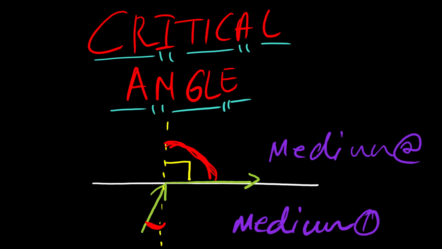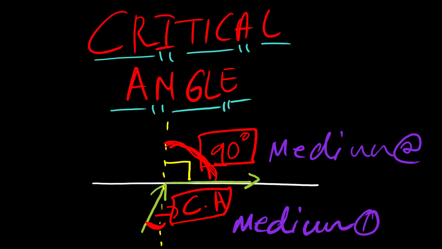If the angle of refraction is 90 degrees, then it means this angle of incidence is our critical angle. I hope you understand this. One of the misconceptions is that this 90 degrees angle is our critical angle, which is not correct. The angle of incidence, whereby the angle of refraction is 90 degrees, that angle of incidence is our critical angle.